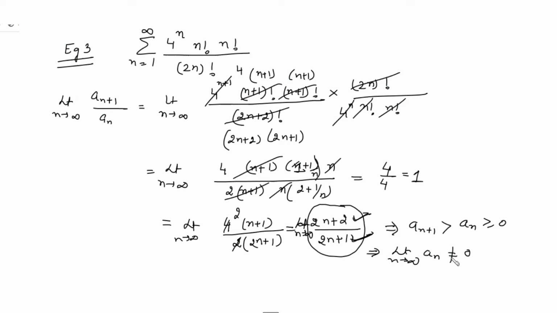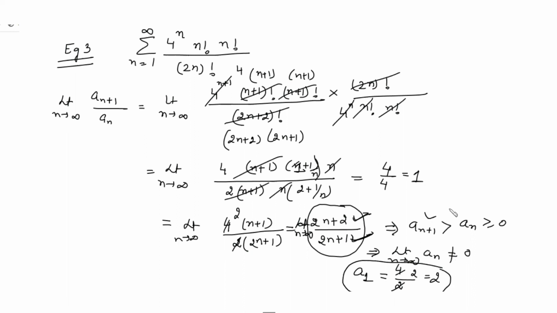Every time our term is increasing, right? Our a_(n+1) is always greater than a_n. So therefore all the terms are greater than or equal to the first term a_1, which, if you substitute n to be 1, what will you have? This is 4 into 1 factorial divided by 2 factorial, which is 2.